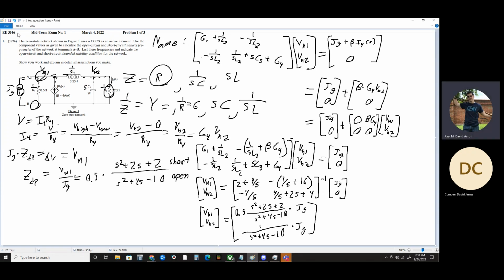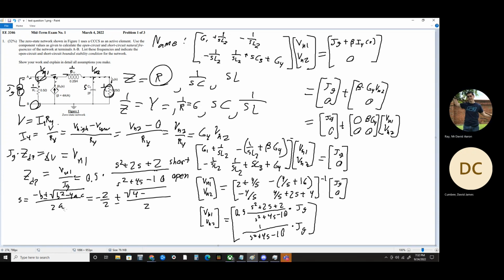So from there, S is going to equal negative B plus or minus square root of B squared minus 4AC over 2A. And then that's going to equal negative 2 over 2 plus or minus square root over 2, 4 minus 4 times 2, so it's 8.